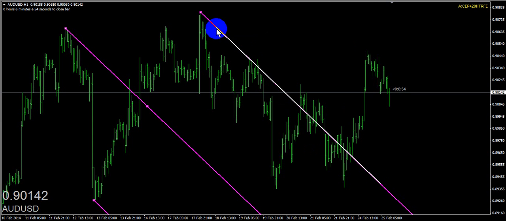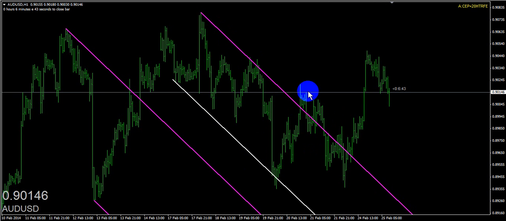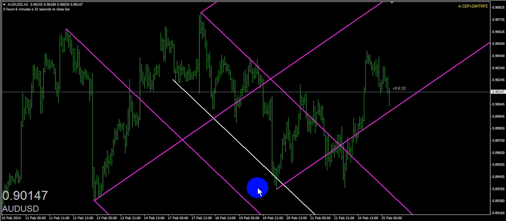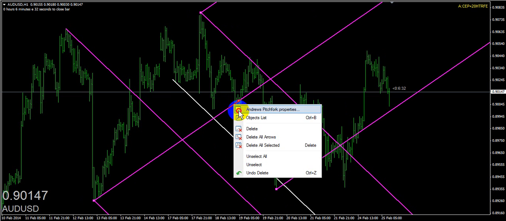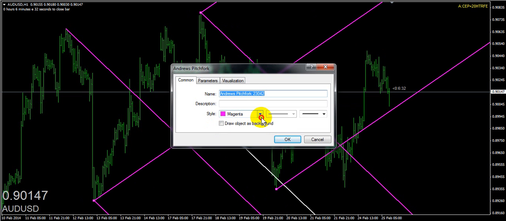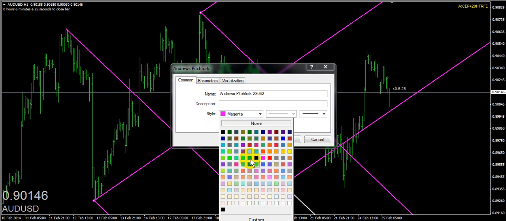We can build this fork up with some sliding parallels. Like so. And even a new up fork, because price is making new highs, even though they aren't that great.